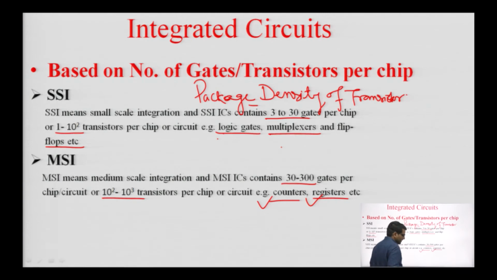Our initial technology developed logic gates, multiplexer, flip flop, and after that the next phase of technology is MSI, where logic gates, multiplexer and flip flop are combined, and these give the counter and register.